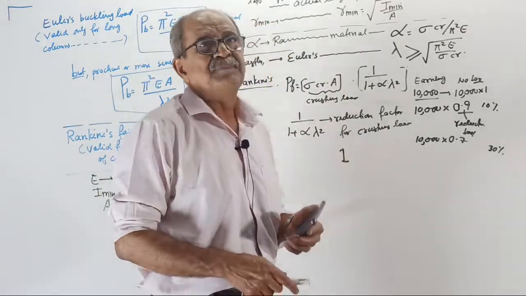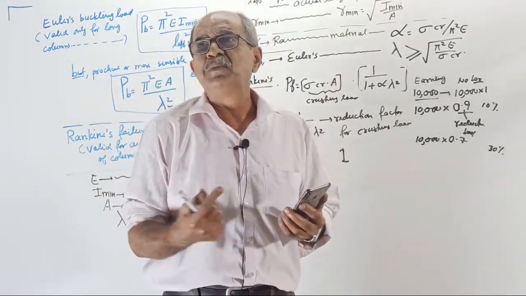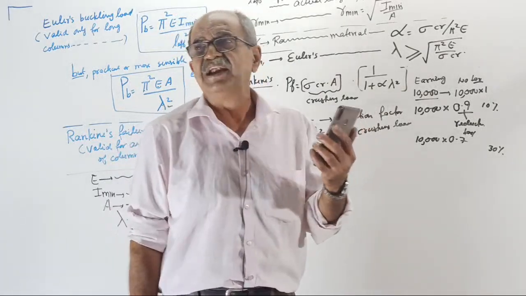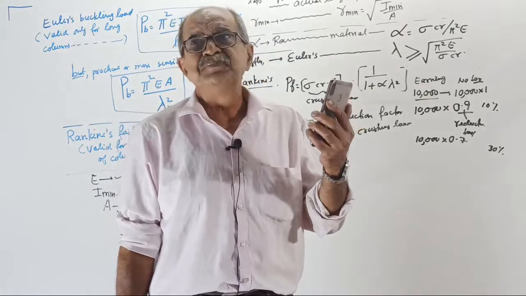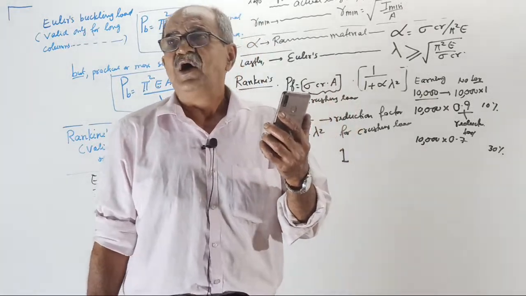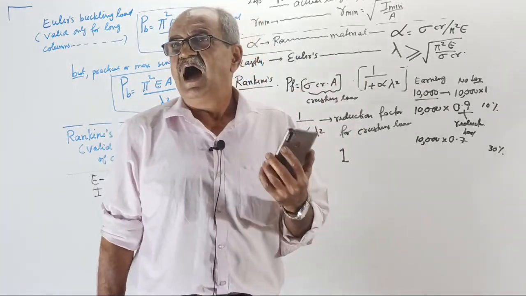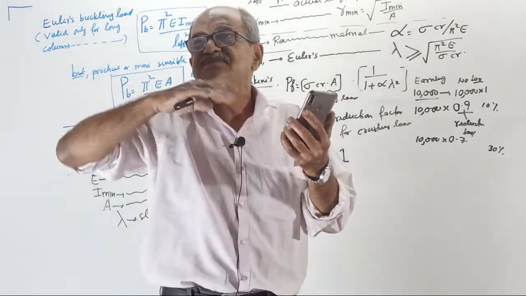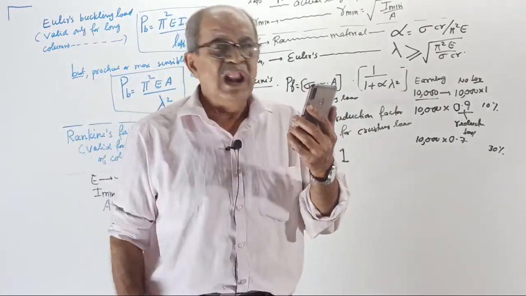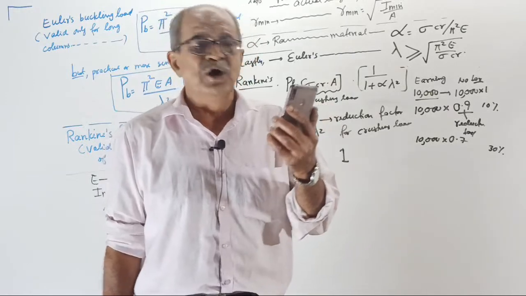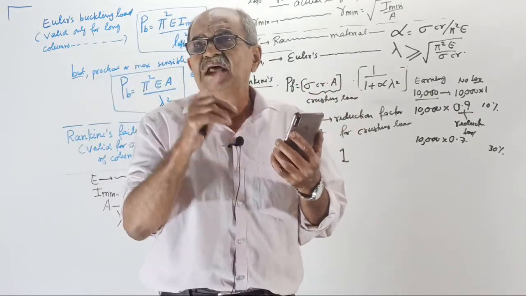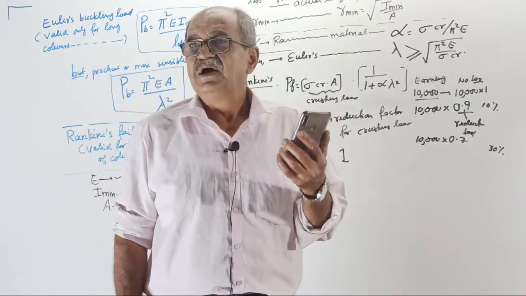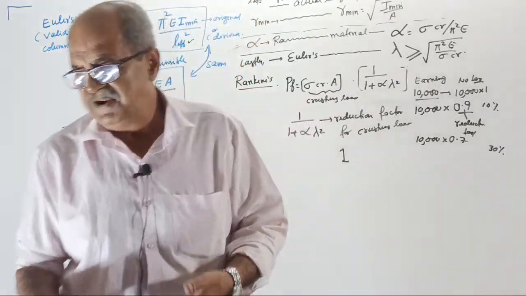So high reduction factor means the column is on the shorter side. Reduction factor increases means column is becoming less slender. Reduction factor decreases means column is becoming more slender. It becomes long. Okay, sufficient.